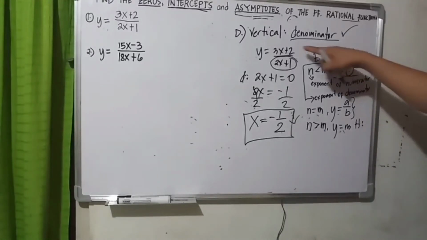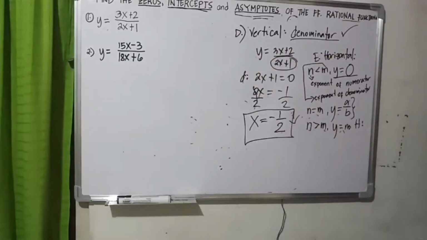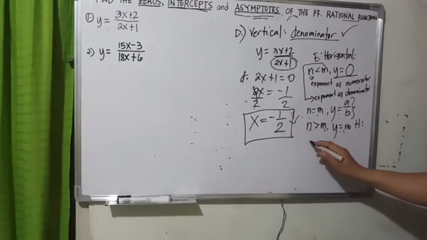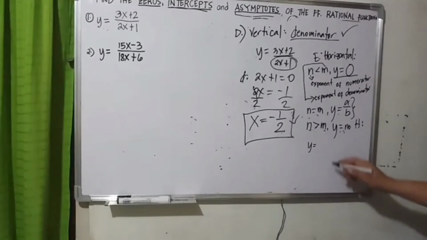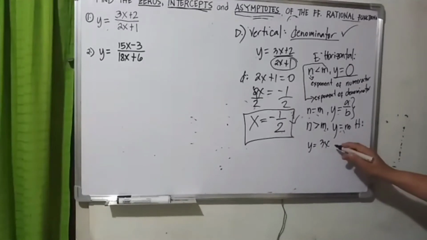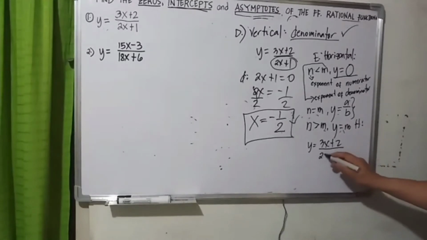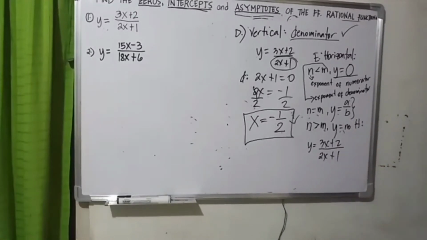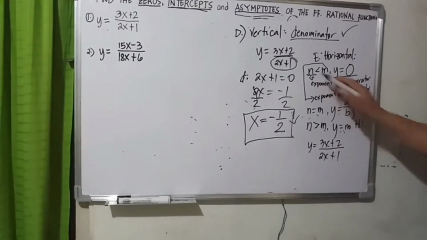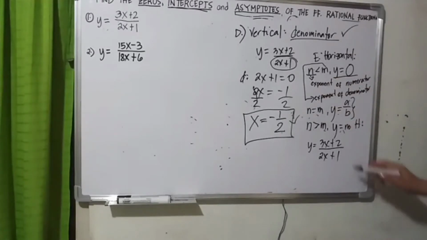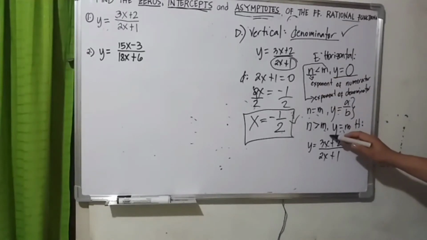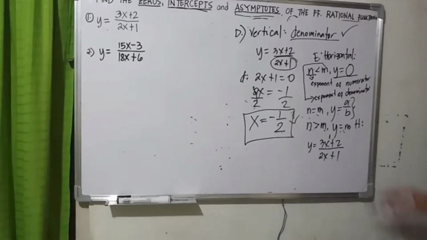So based on this given example, y equals 3x plus 2 over 2x plus 1. What is the value of n in the numerator? So ang exponent ng leading coefficient is 1, and ang exponent ng denominator is 1.